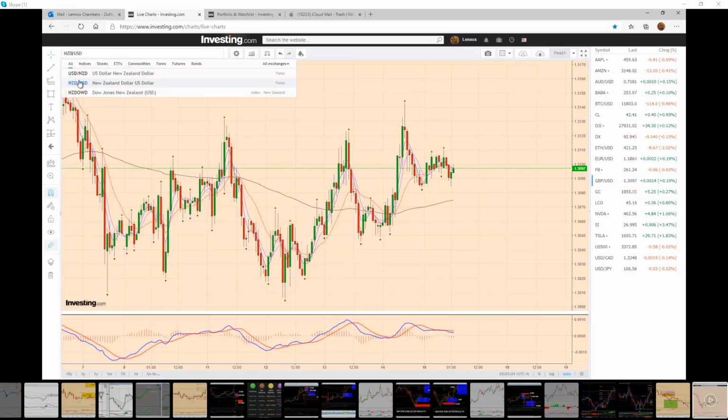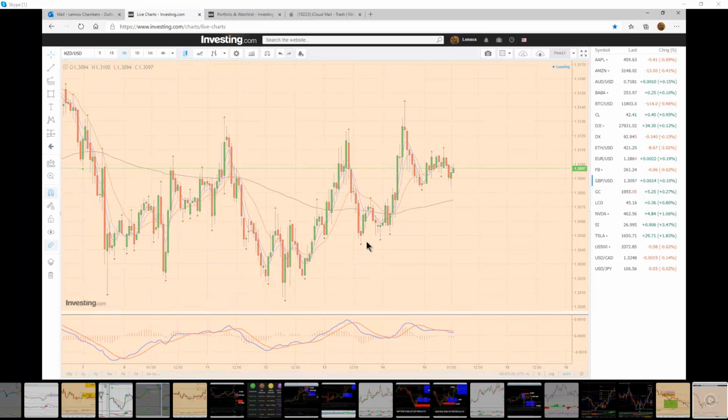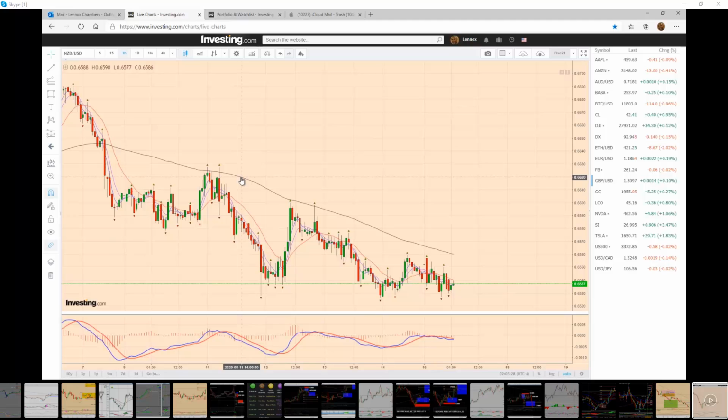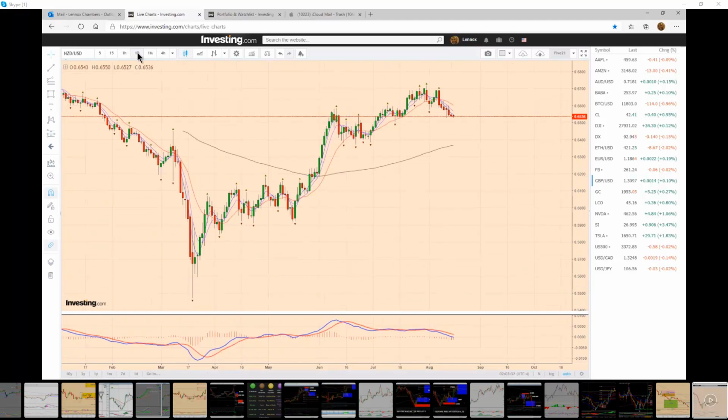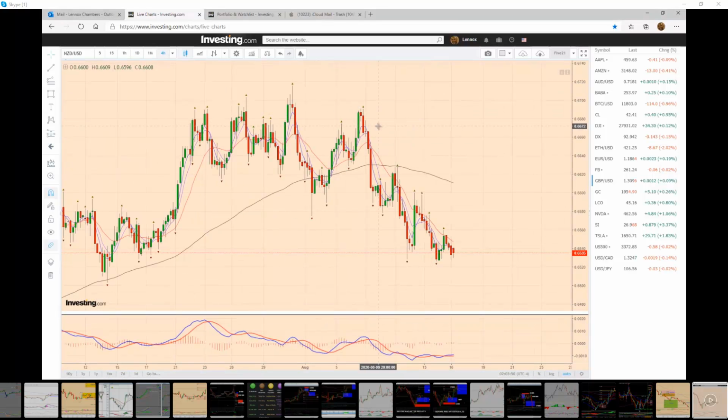Take a look at New Zealand US dollar, and that would be similar, although this one is a little different. So let's look at this one a little closer. New Zealand is turning to the downside right now. So we've had an up move, and now we've actually got a 1, 2, 3 top there and starting to move to the downside. So it sounds like New Zealand is quite weak overall, even though the US dollar is weak.